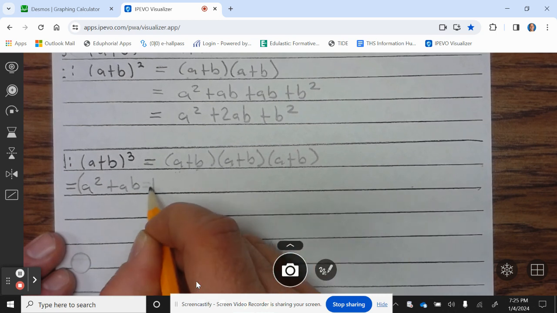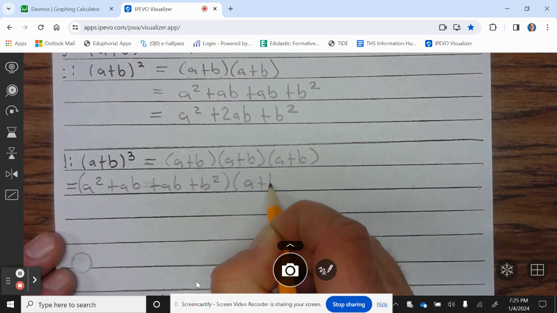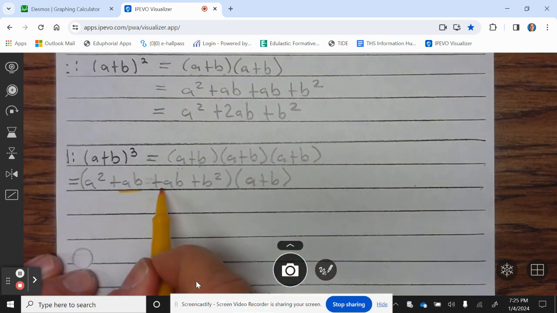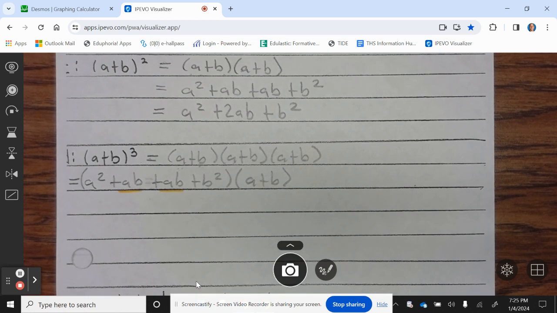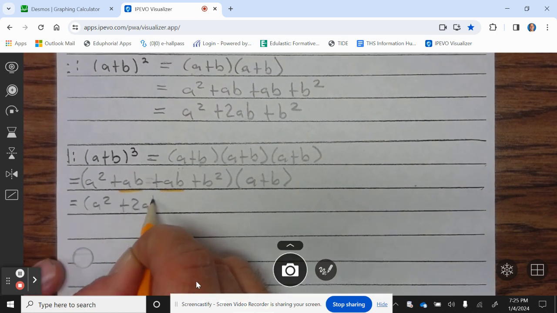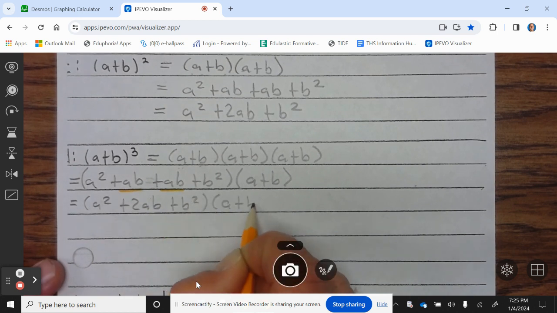B times a is plus ab. B times b is plus b squared times a plus b. Now we can combine terms here and here. So then that becomes a squared plus 2ab plus b squared times a plus b.